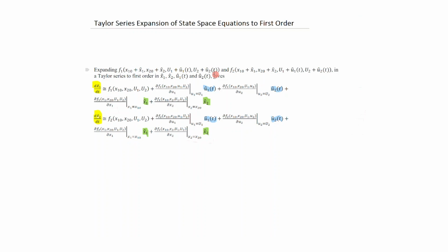So effectively, we need to take the partial derivatives with respect to the variable of interest, times the small signal perturbation. Okay, so this is a classic Taylor expansion. So here's the constant term. Here's the contribution due to U1 perturbation, U2 perturbation, X1 perturbation, X2 perturbation. It's 4 variables, and so there are going to be 4 derivative terms and 4 perturbation terms. You do it for the first state space equation, you do it for the second state space equation. All right, so this is the procedure that we go through.